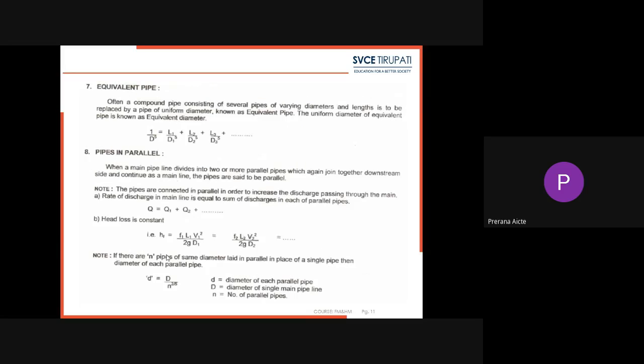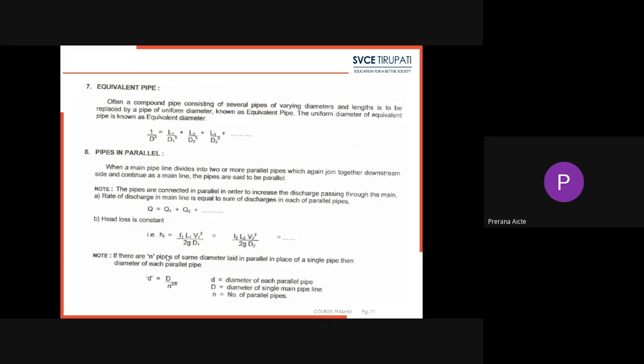Then equivalent pipe. A compound pipe consisting of several pipes of varying diameters and lengths is to be replaced by a pipe of uniform diameter, which is known as the equivalent pipe. So all these pipes are to be replaced by the uniform diameter pipe, and that formation is called the equivalent pipe.